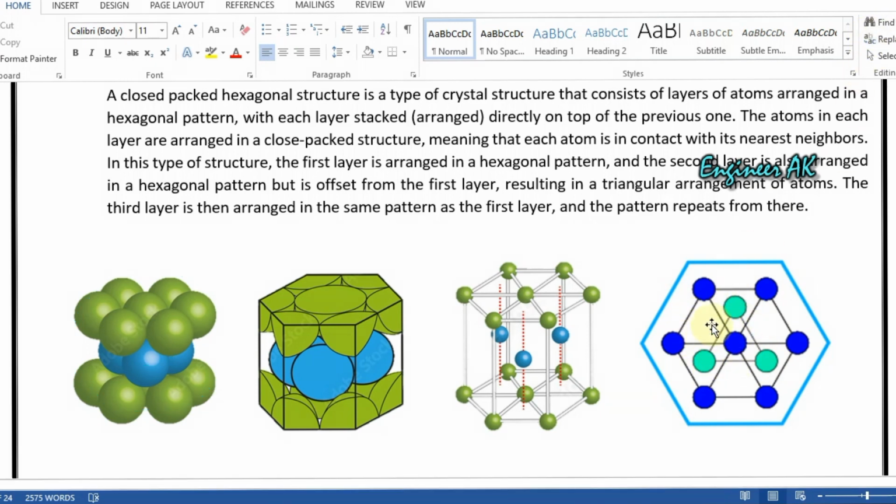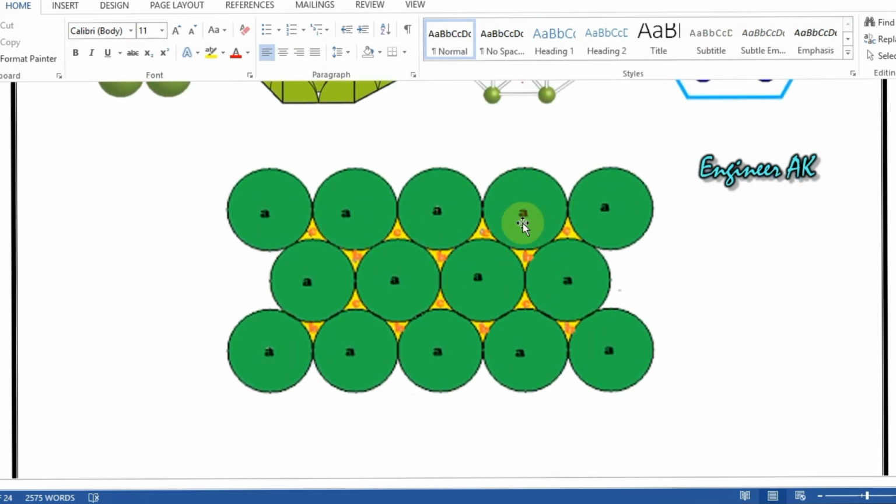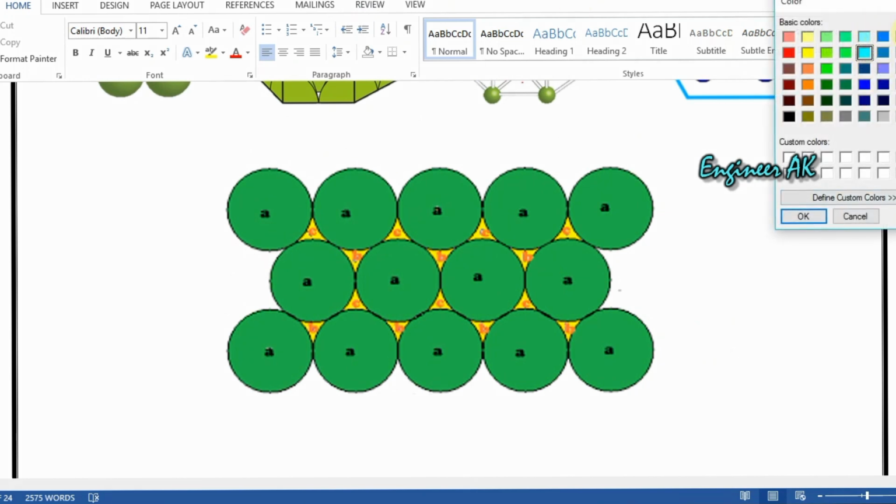Now how they are making a triangle, let me show you in this diagram, so you will understand it easily. So let me pick a color.